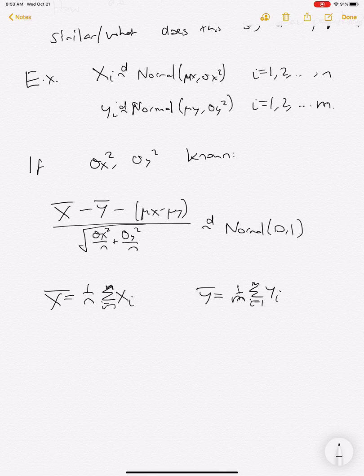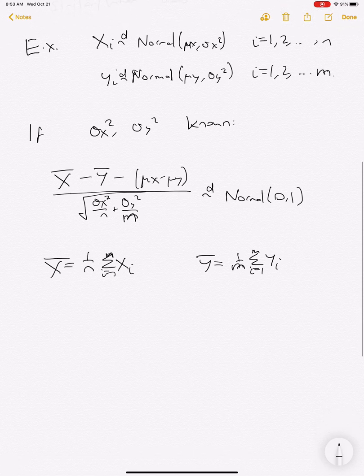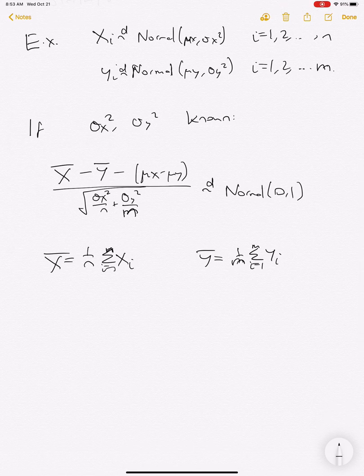If you're interested in the difference between mu x and mu y, the key statistic to look at is x bar minus y bar, appropriately renormalized: subtract off the mean and then divide by the overall standard deviation, with variance sigma x squared over n plus sigma y squared over m. Then this is going to be normal with mean 0 and variance 1, where x bar and y bar are the sample means for x and y.